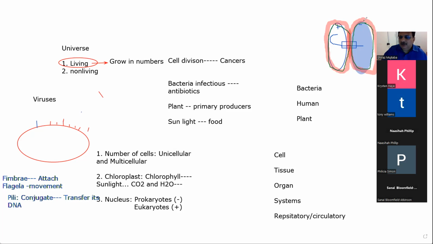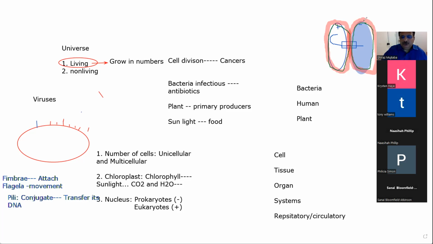Cell membrane is semi-permeable, means that something can go inside, something cannot go inside, right? So bacteria has three types of extracellular structures like fimbriae, flagella, and pili, and it has two coverings. The outermost is the cell wall, which is dead and permeable, whereas the cell membrane is living and selectively permeable.